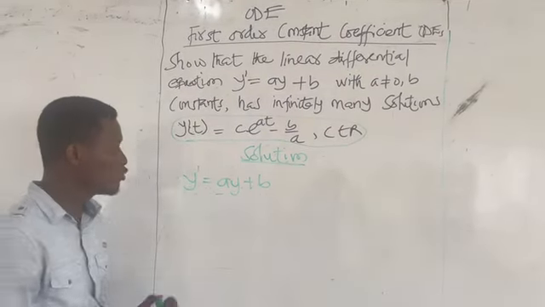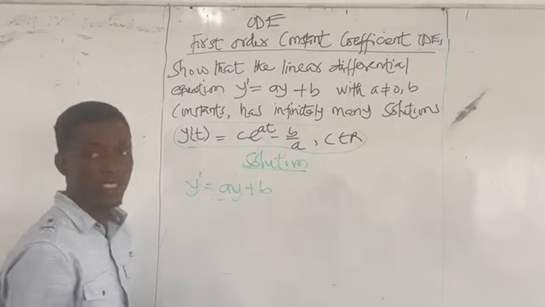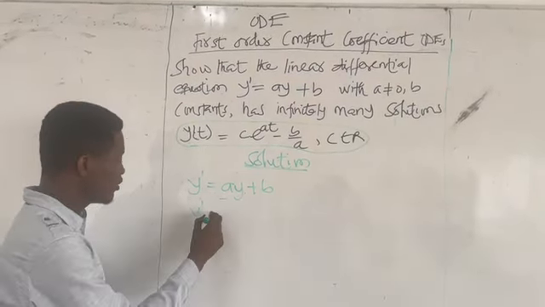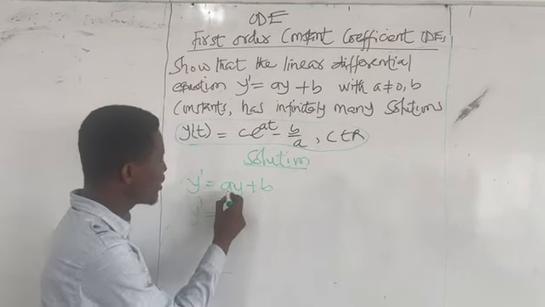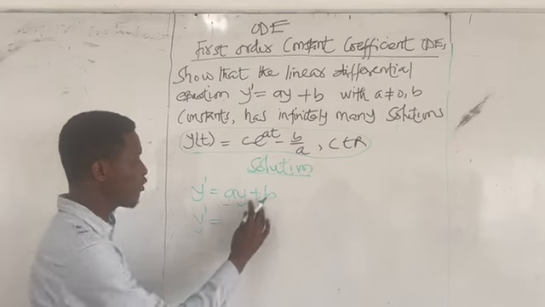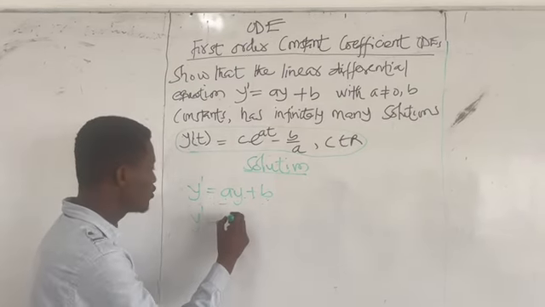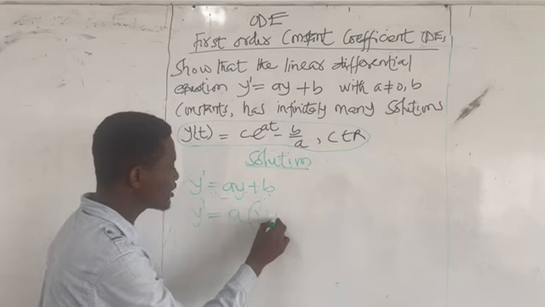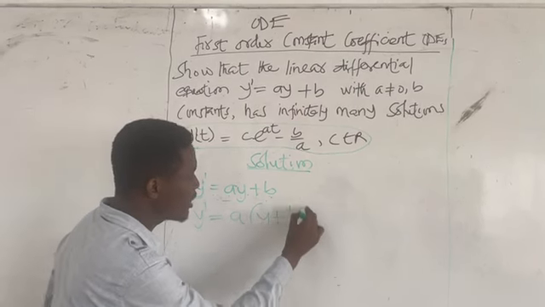First, to use some of the modern techniques, you write y derivative equal to, I want to factor a out from the right hand side. So I'll get a into bracket y plus b over a.